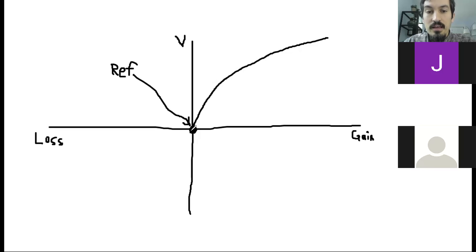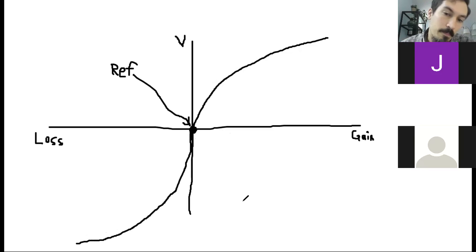Here's the weird thing. In the domain of losses, we get a really steep slope, and then it starts to go down this way. I don't know if I drew it well. Is it obvious from how I drew it that there's loss aversion? Because loss aversion is part of prospect theory. It's built in because the slope is so steep here.